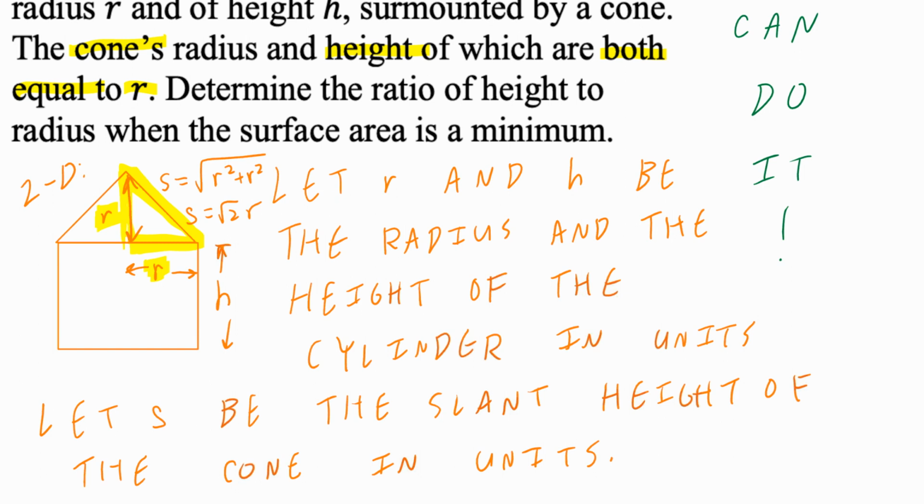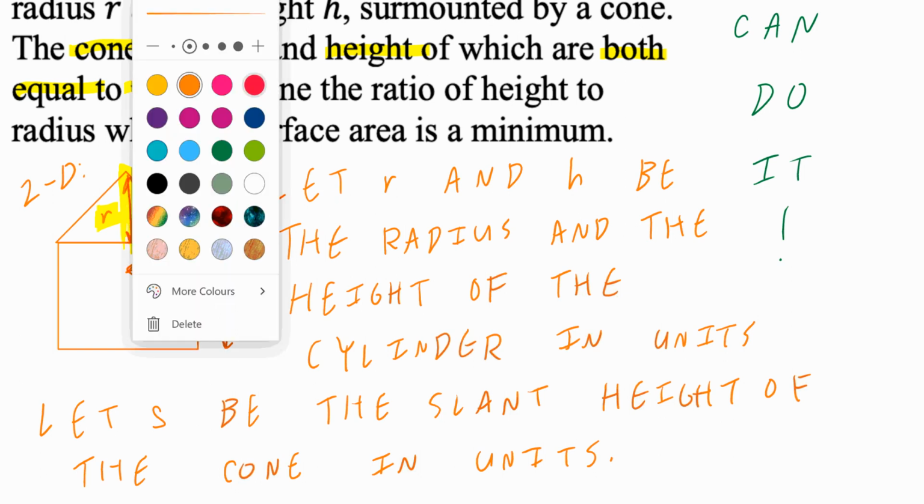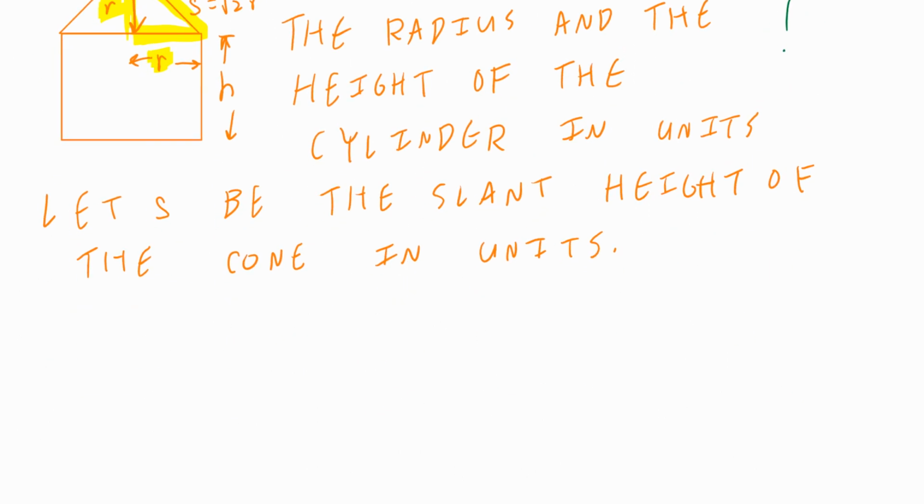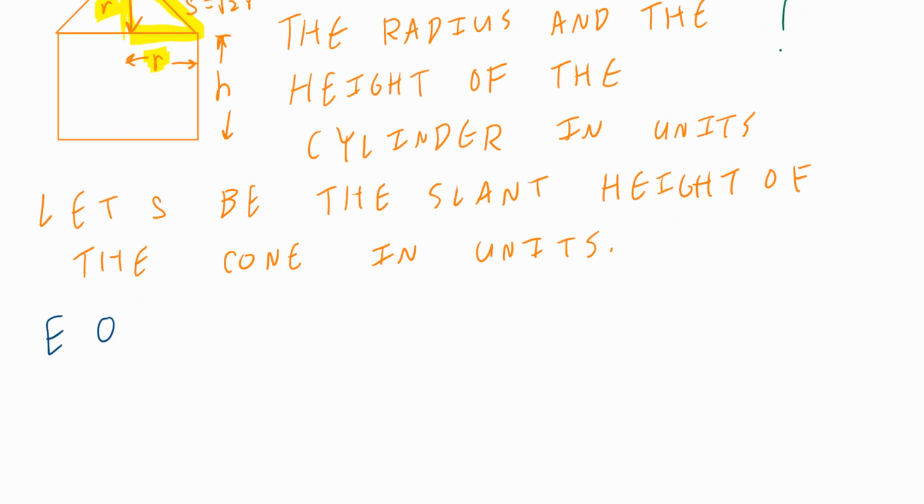Before we start optimizing this, let's write down the equation of constraint. So we use a different color here. Write down the equation of constraint, EOC. If you go back to the first sentence, the volume of this shape is going to be K. So V, which stands for volume, equals K. And of course, if you think about the volume of the cone plus the cylinder, this equals pi r squared times h.